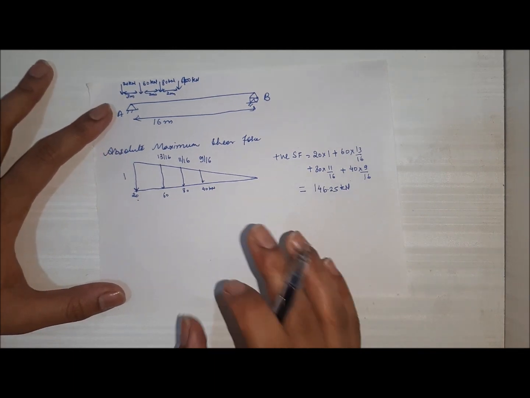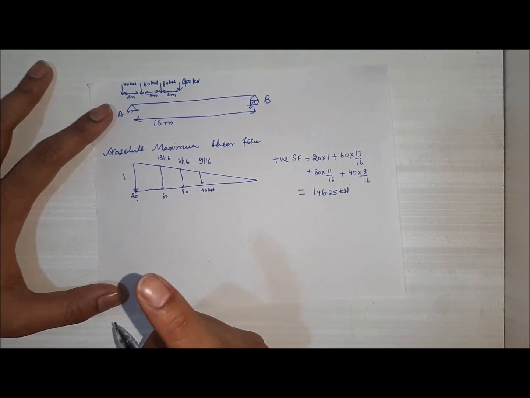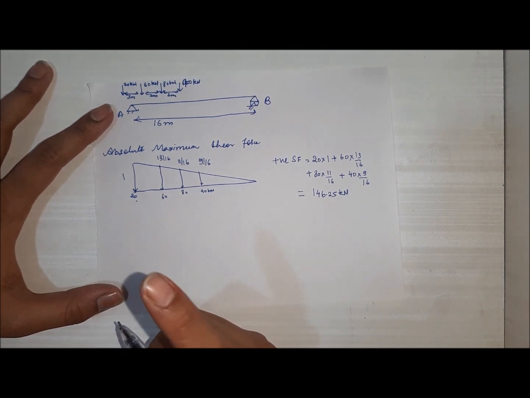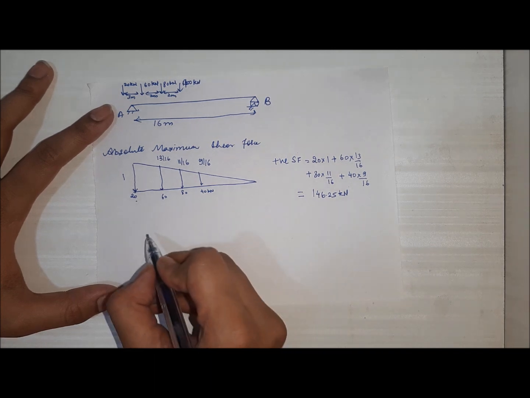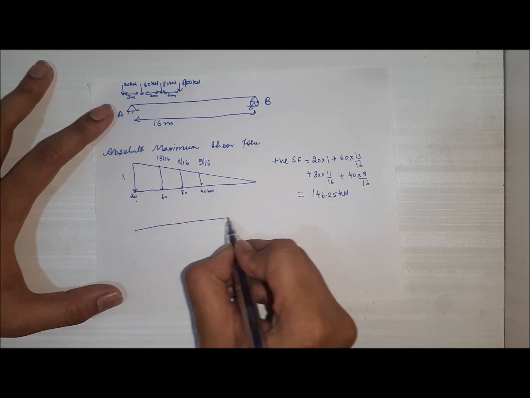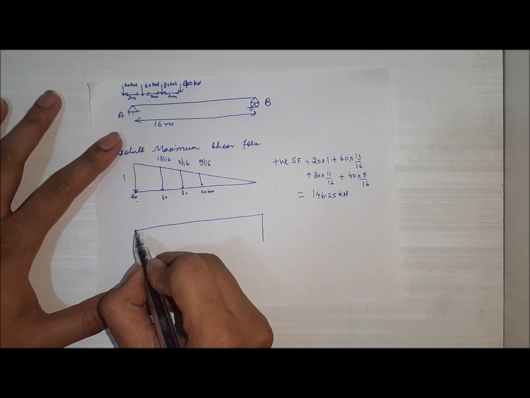Now for getting the absolute maximum negative shear force. Likewise, when we plotted the ILD for shear force in between the section of a simply supported beam, we negated the part of RB. Here also we will negate RB as a whole to get the absolute maximum negative shear force ILD.